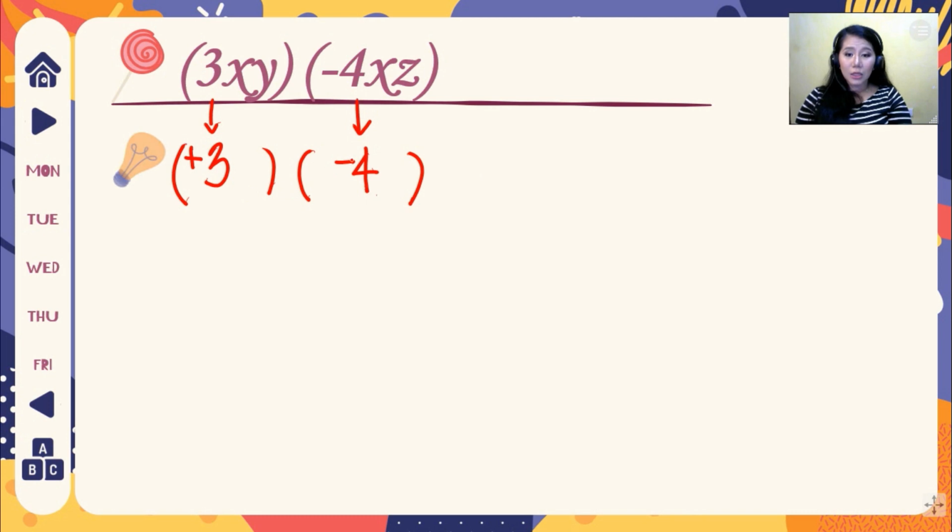Ang 4 natin dito is negative. So, matik yun. Anong sagot natin para dito? Ang sagot natin ay negative agad. Then, 3 times 4. Okay? So, 3 times 4 is 12. So, we're going to have negative 12. Okay? Take note ha. Yung numerical coefficient pa lang yung tina-times natin. So, kunin naman natin sunod si xy.